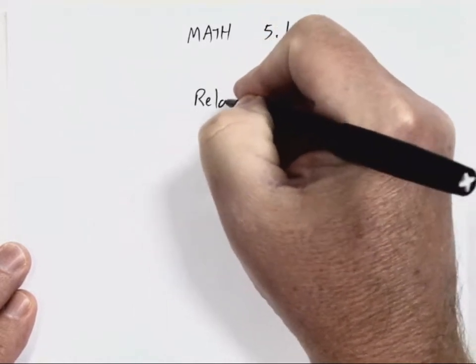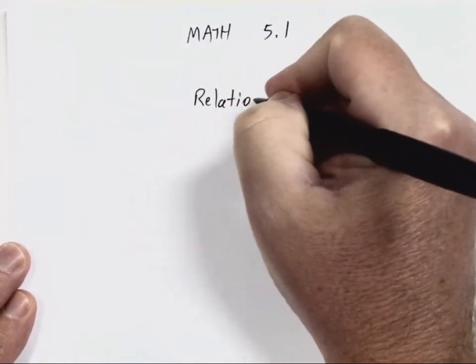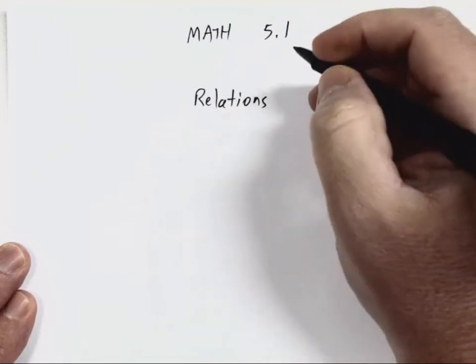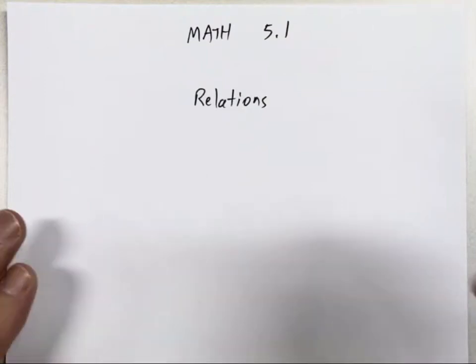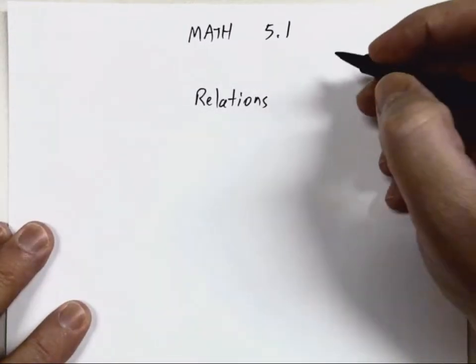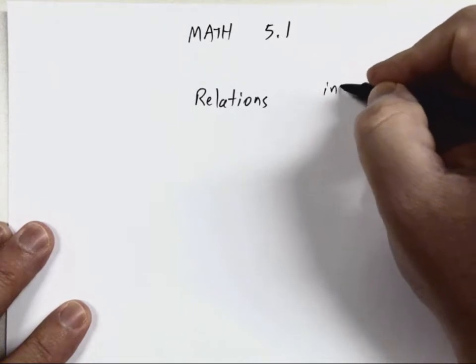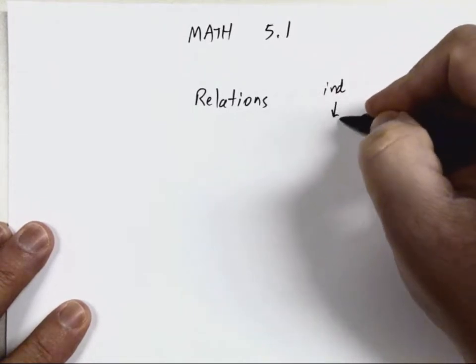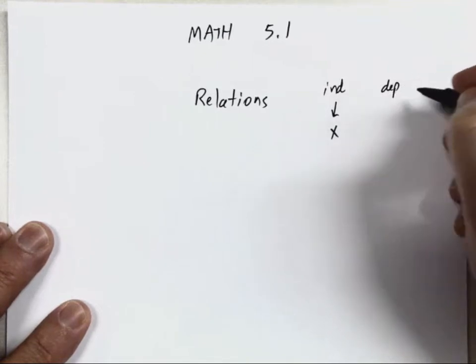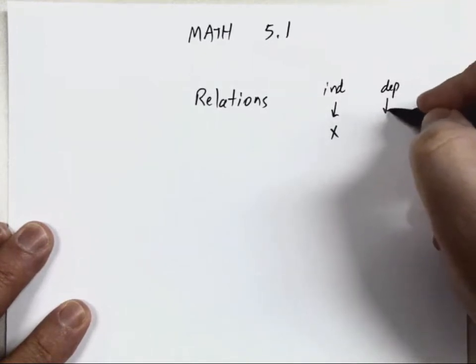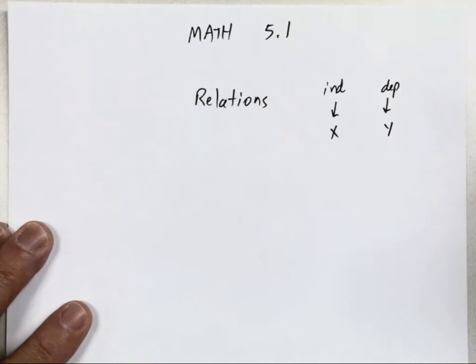In math, they like to talk about relations or sometimes relationships. And the whole idea of a relation, especially in algebra, typically you have what we call an independent variable, which is usually x, and then you have what they call a dependent variable, which is y.